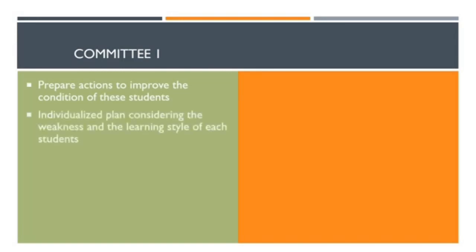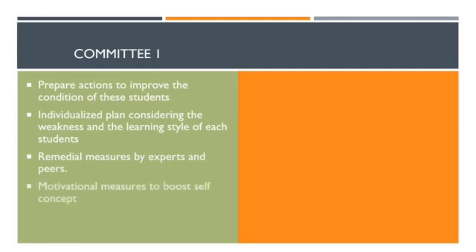Individualized plan considering the weakness and the learning style of each student. Remedial measures by experts and peers. Motivational measures to boost self-concept. And use of technology to speed up their learning.